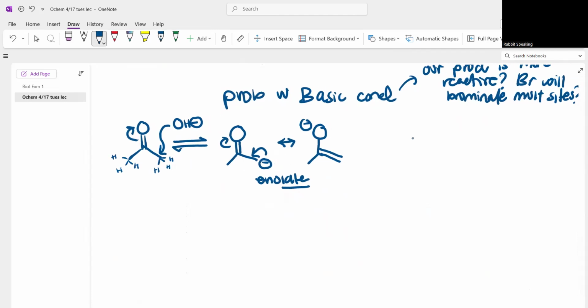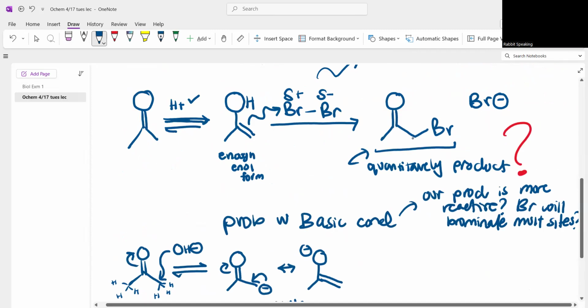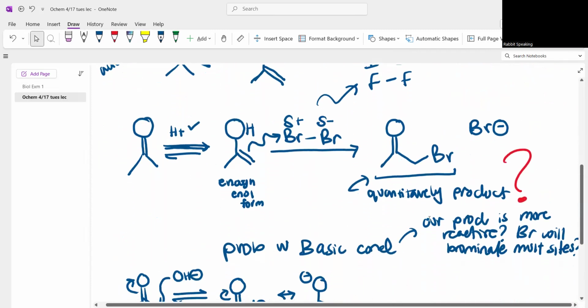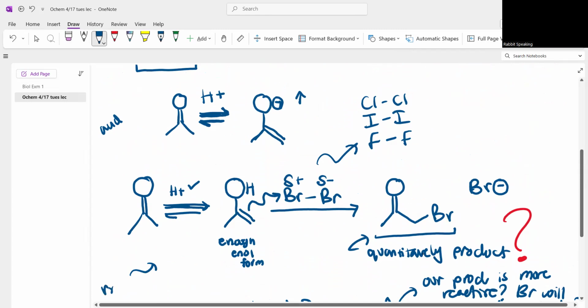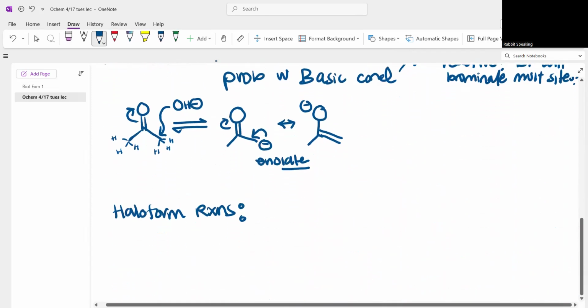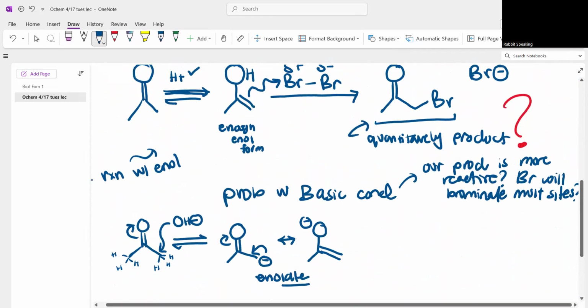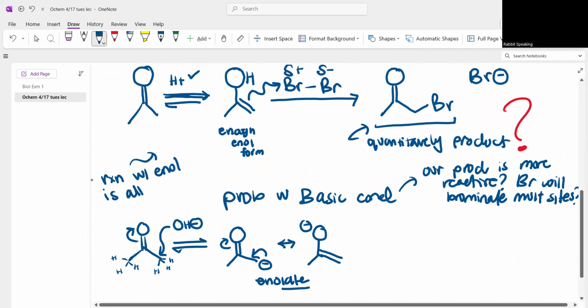We also discussed haloform reactions at one point in a previous lecture. I've honestly forgotten what these are. Something to note about this reaction: the reaction with enol is all in situ.